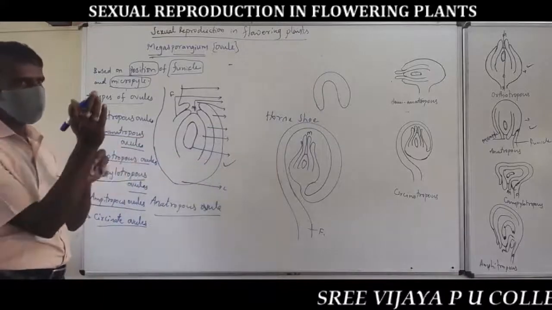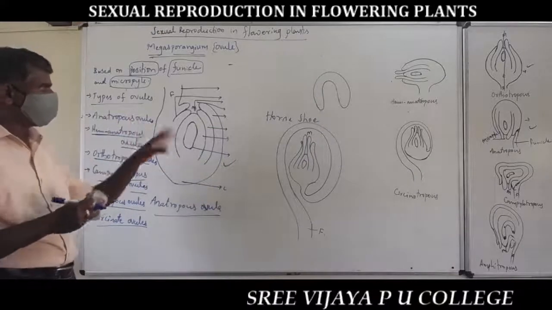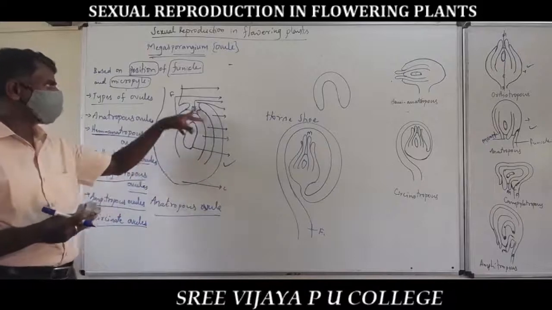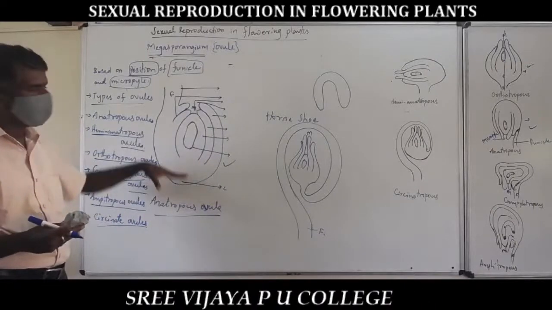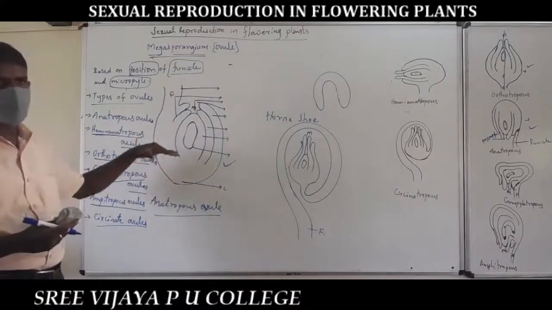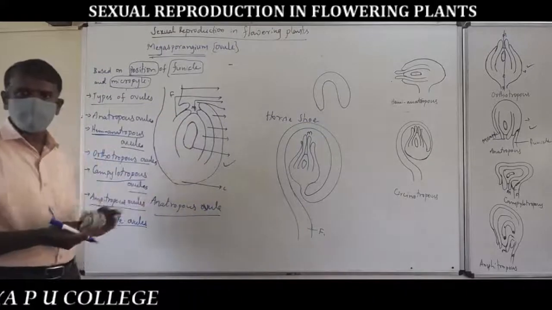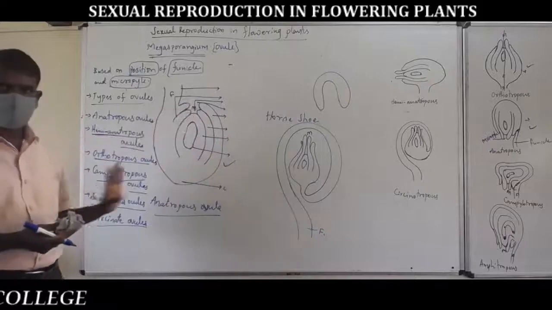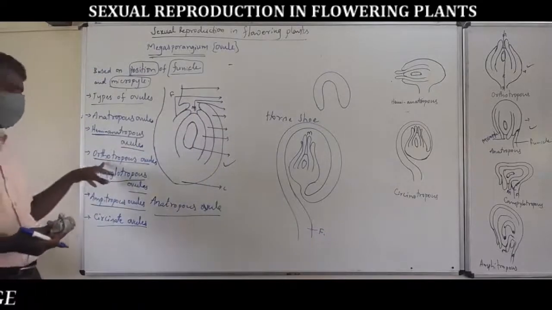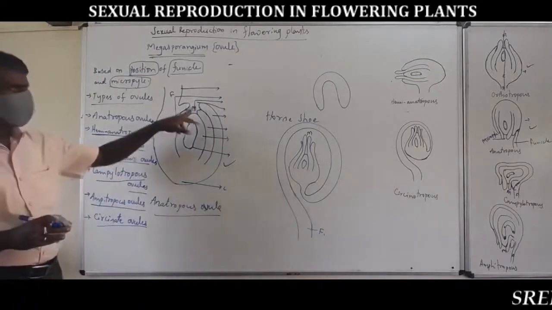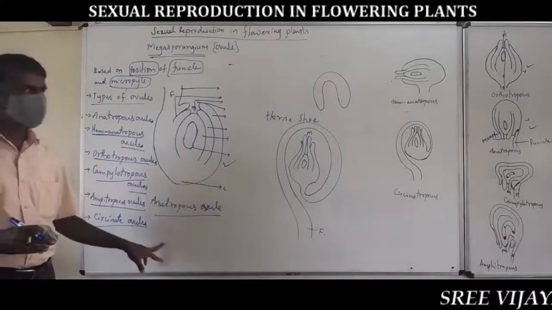At the time of turning, the axis formed by the line from micropyle and chalaza has the funicle present at a right angle to the integuments, or the line of the embryo sac, or the line of micropyle and chalaza. In the orthotropous ovule, the micropyle, chalaza and funicle lie in a straight line.